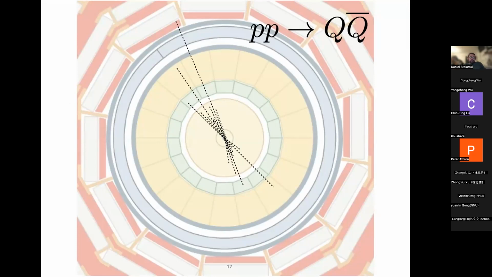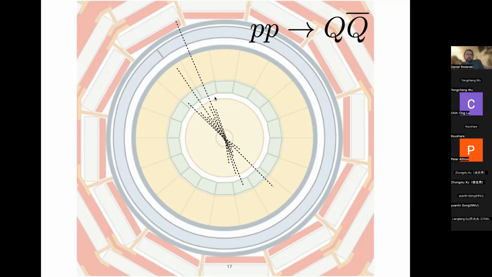You get jets. And so, especially if these Qs are very energetic compared to the confinement scale, you get jets with large multiplicities going roughly in the same direction. And so if you pair produce Q, you end up with two back-to-back dark jets.